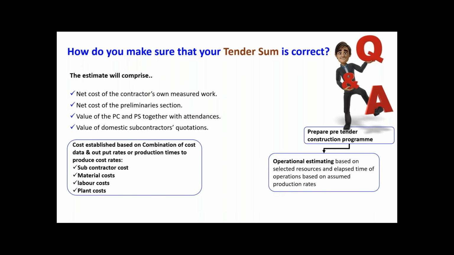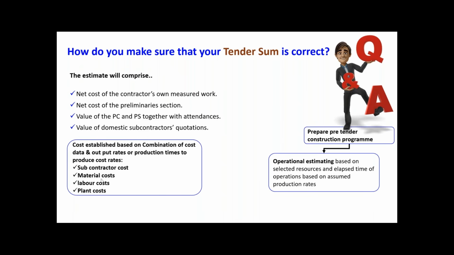What is an operational estimate? In order to do this particular project, how many labors we need, how long we need, how much material we need to procure, and how much plant and equipment is needed and for how long. They know from their experience. This is called the operational estimate.